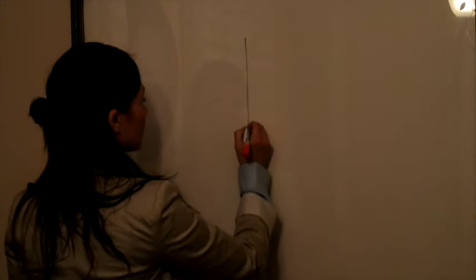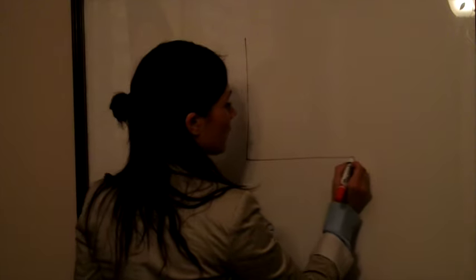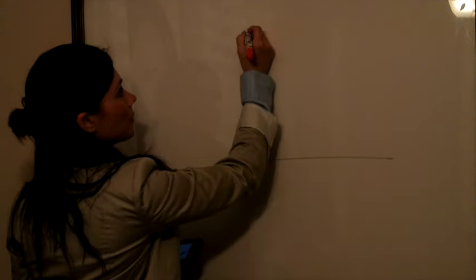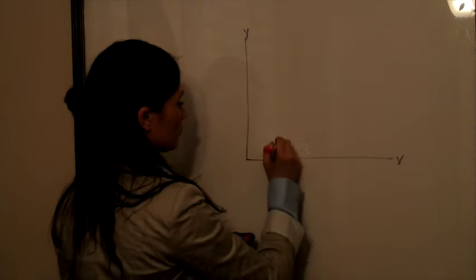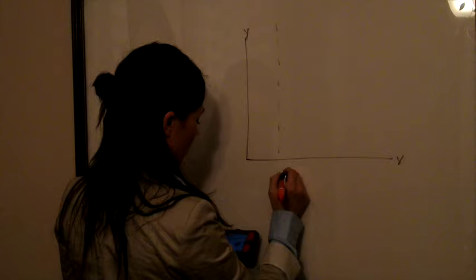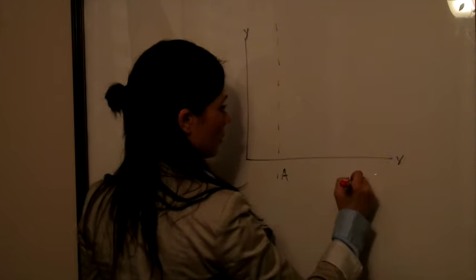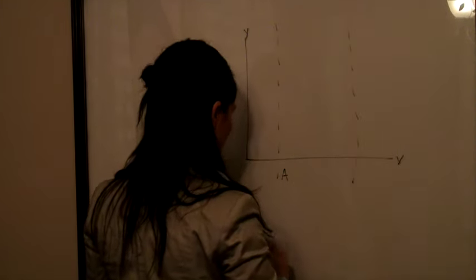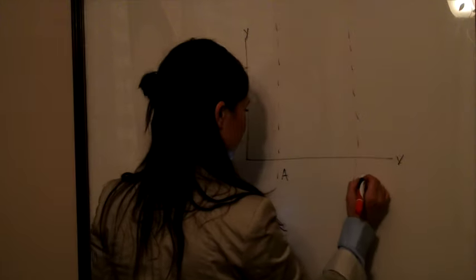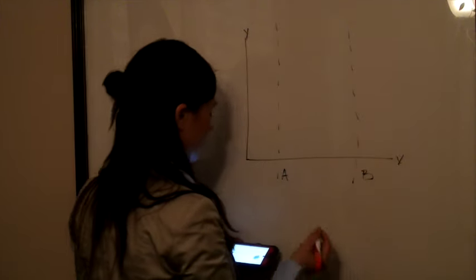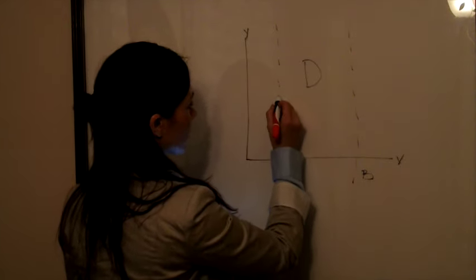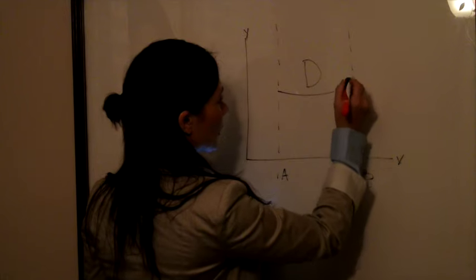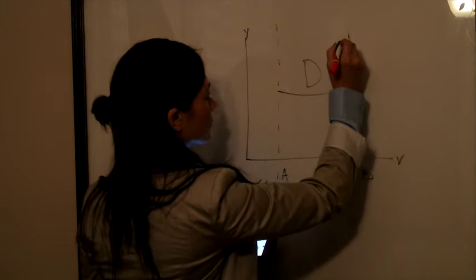Let's start with an example. We have a two-dimensional XY plane. We have our region D bounded by four line segments.